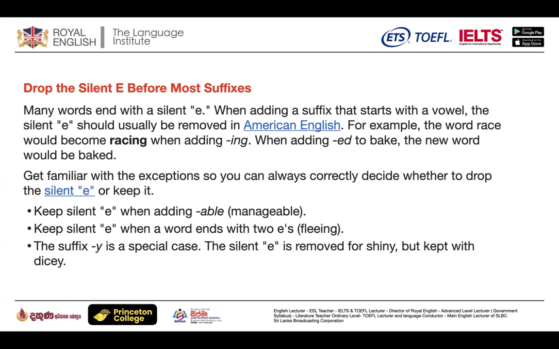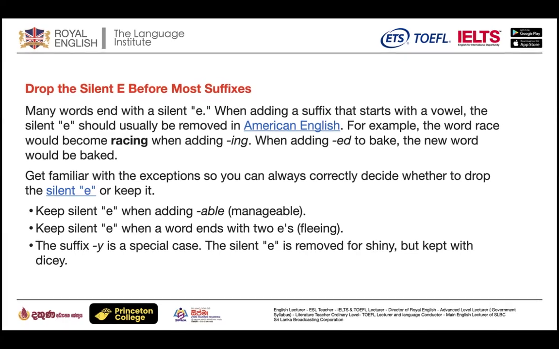When adding ed to bake, the new word would be baked, so you have to use only D. Get familiar with the exceptions so you can always correctly decide whether to drop the silent E or keep it. Keep the silent E when adding able, like manageable. Keep the silent E when the word ends with two E's, like feeding. Likewise, the suffix Y is a special case where the silent E is removed, like skin, shiny, but keep it with decay. Be prepared for that.